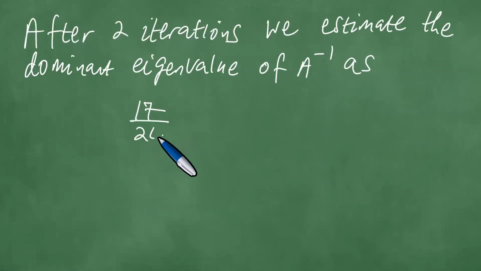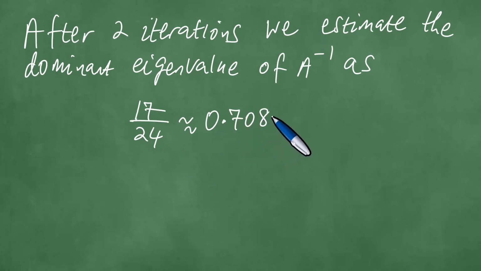It is 17 out of 24, which can be estimated. 17 divided by 24, 0.708, 3 recurring. And the corresponding eigenvector.